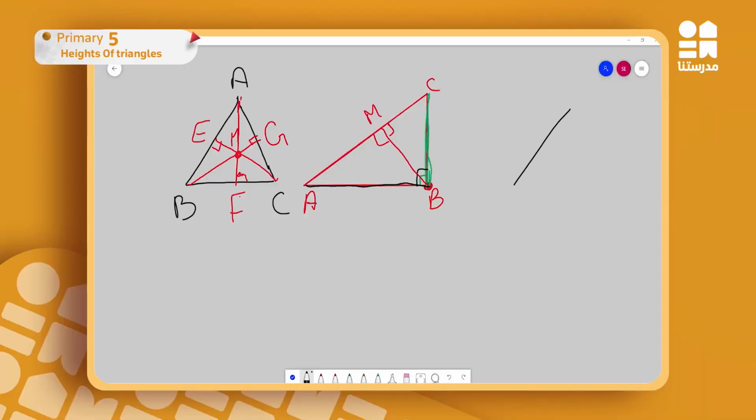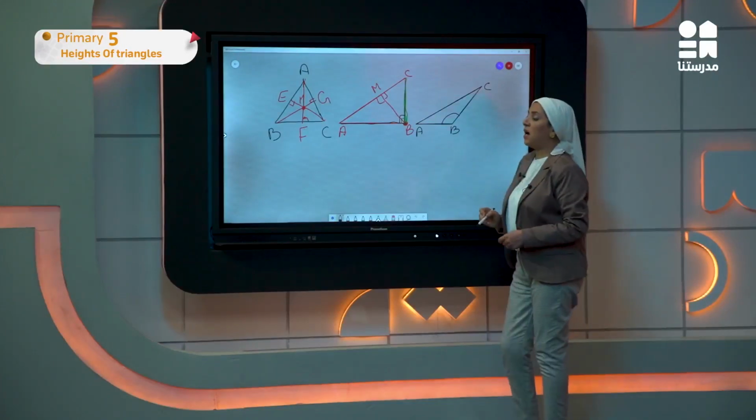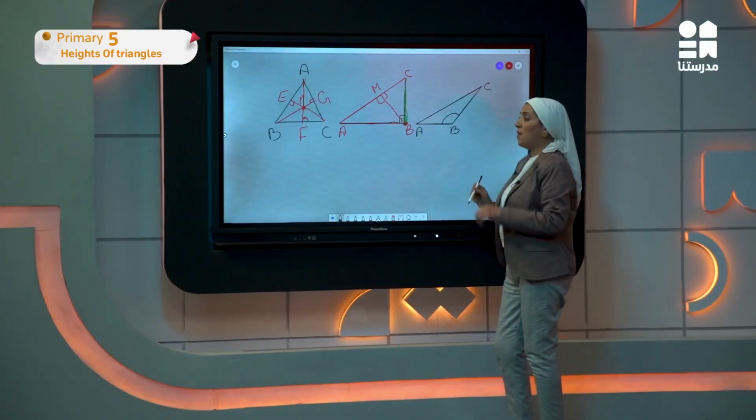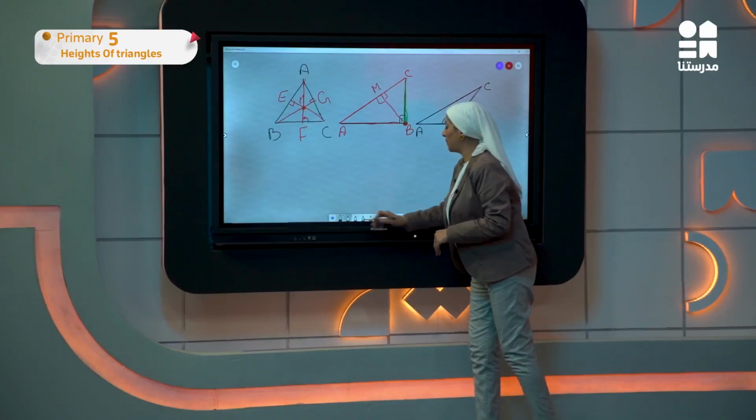And if this is my triangle, this is the obtuse angle that I have. Suppose their names are A, B, and C, and I want to draw my 3 altitudes.